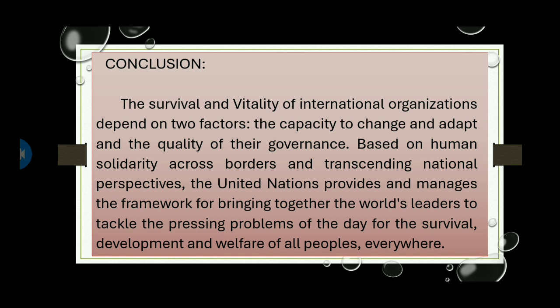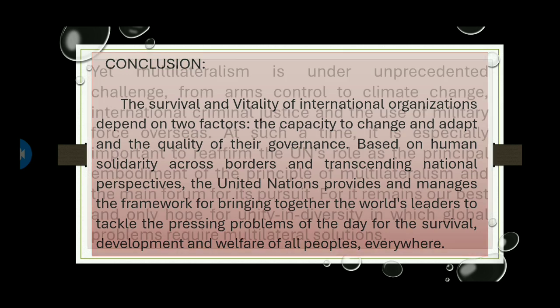The United Nations provides and manages the framework for bringing together the world's leaders to tackle the pressing problems of the day for the survival, development and welfare of all peoples everywhere.